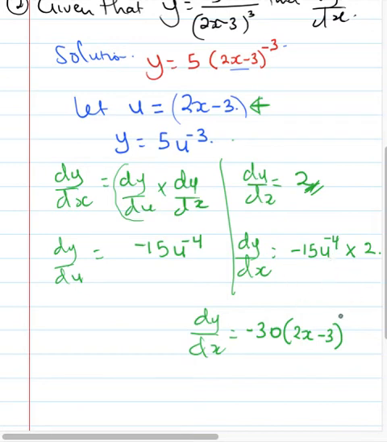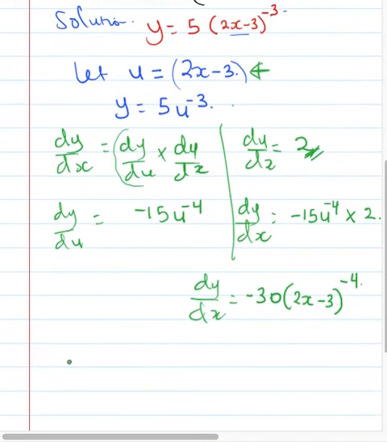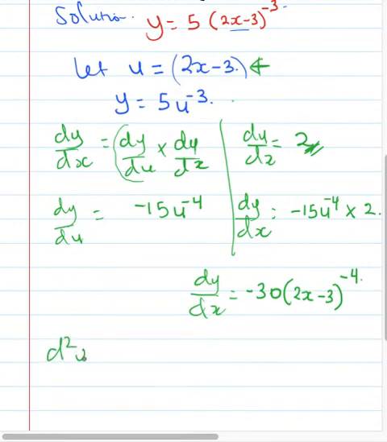So this is the first derivative. Now getting the second derivative, we have to differentiate this again. You can do the same process, letting u equal to the bracket and using the chain rule, and you can work it out for your practice. Or you can also go directly.